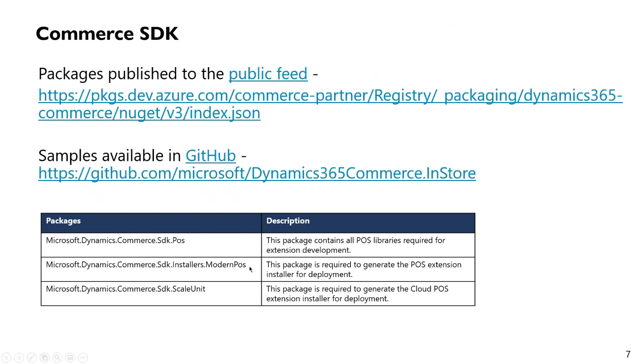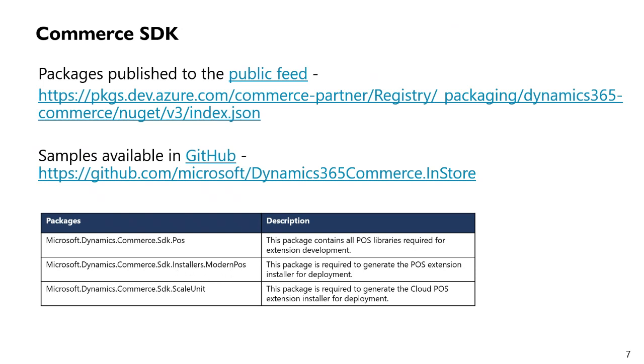Then the second package you need is the installer package. So now I have done all my extensions here. How will I package and deploy it, right? As I said, there are 2 topologies, one for the cloud and one for the on-prem. So if you want to create an on-prem installer, including my CRT extension or the offline database extension or the hardware station extension, for all those on-prem, you will consume this package and then generate the installer.